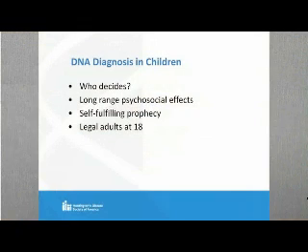Another issue is the diagnosis of Huntington disease in children, particularly should children at risk be tested. Who decides that? Does the child decide? Does the parents decide? Does the physician decide? What would be the long-range effects on a child of knowing that they had inherited the mutation for Huntington, even though they were perfectly normal during childhood? There's an entity called the self-fulfilling prophecy. If people around a child know that child has the mutation for Huntington, will they treat the child differently?